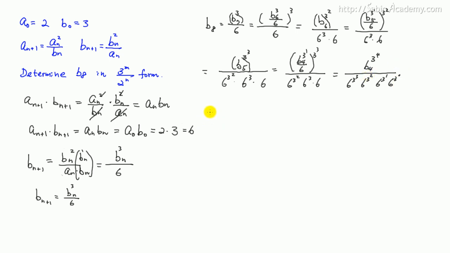Okay, now, are you seeing the pattern? Should I go down all the way, or can you see it by now? You know what's going to be for the b sub 3. Look at the power here. When it was 7, it was 3. When it was 6, it was 3 to the second power. When it was 5, 3 to the third. 3 to the fourth will be 3 to the fifth.